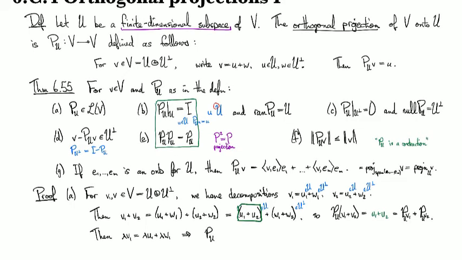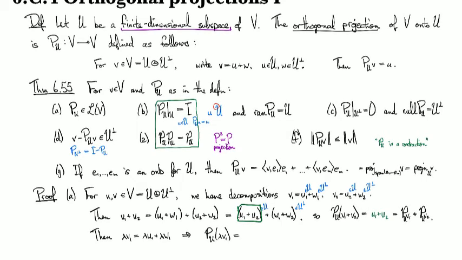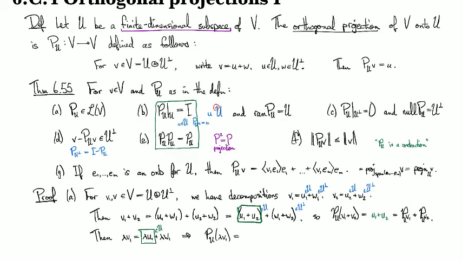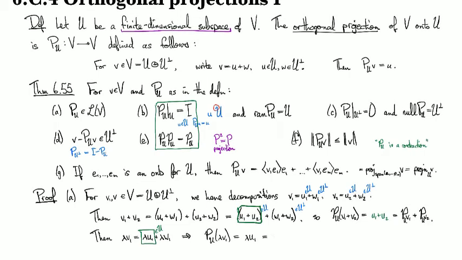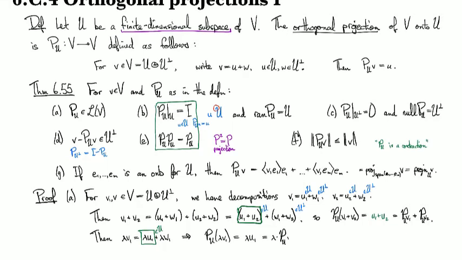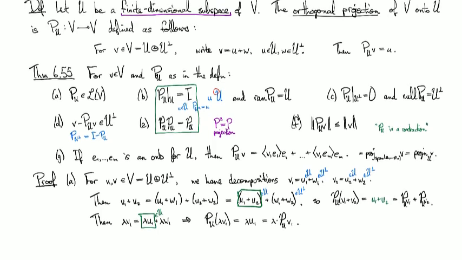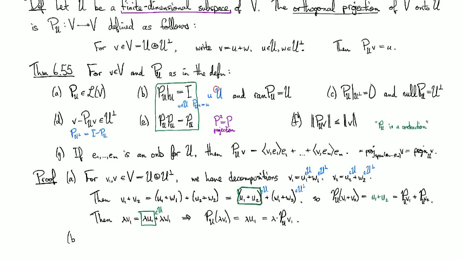So when we do PU applied to lambda V1, the definition is take the part that's in U, and so we get lambda U1, and then that's lambda times PU of V1. So we get the scaling part as well. All right, moving right along.